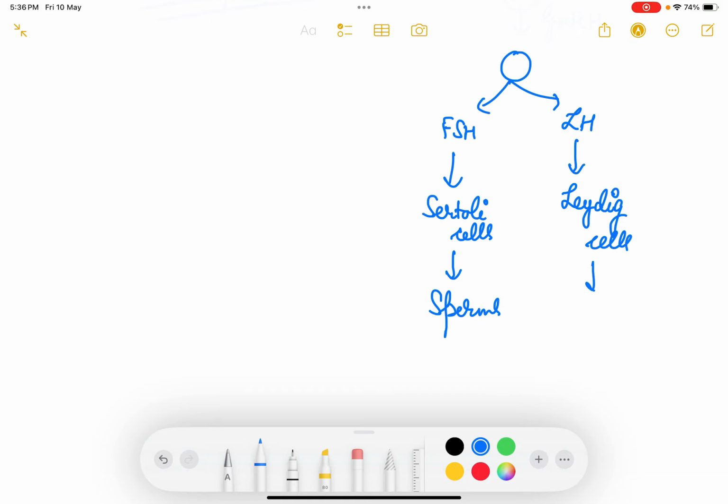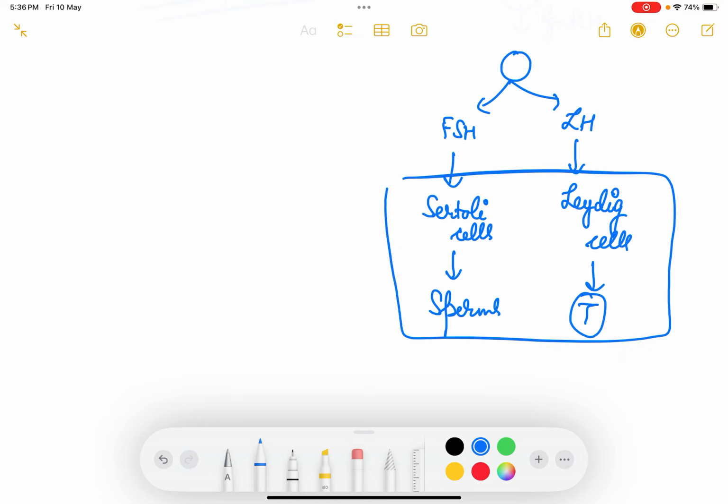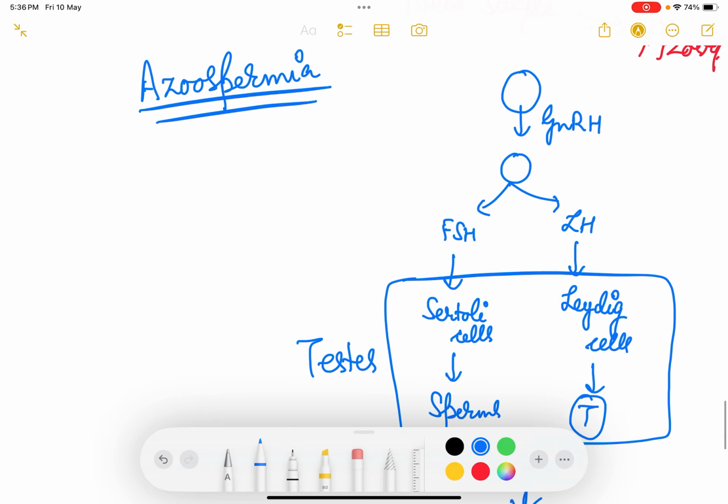This all we know. Now these Sertoli cells and Leydig cells, this testosterone and sperms, all are produced in the testis. So this is at the level of the testis. Now this sperm again comes out and goes to the outer world through the urethra. Now my patient's problem can be at the level of this, that is, it can be pretesticular azoospermia.